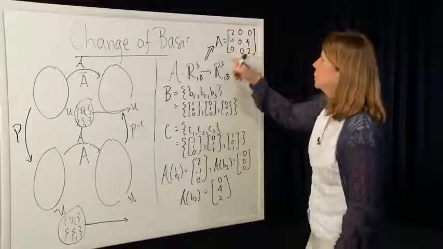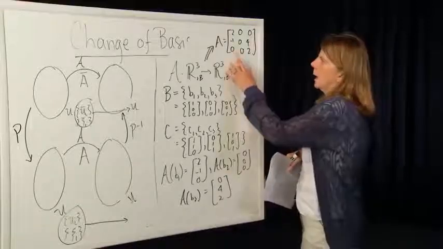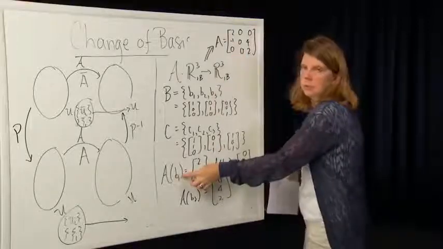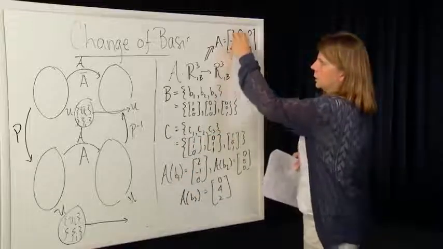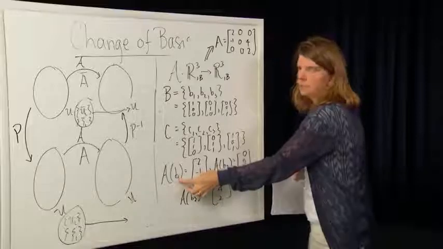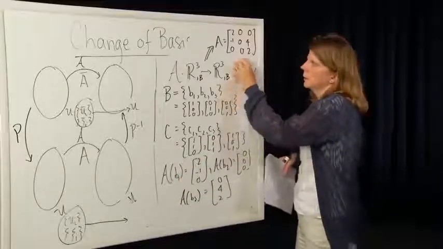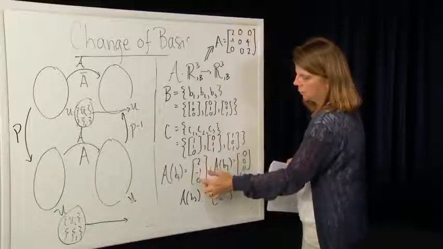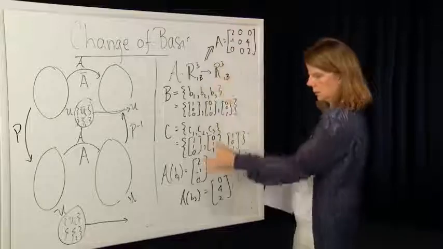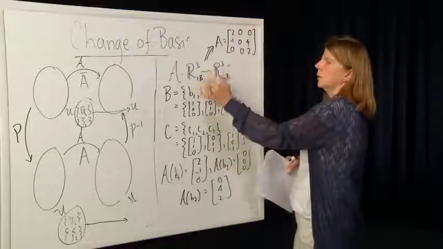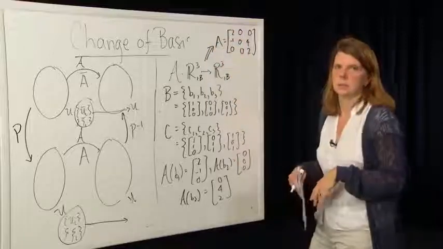And that's because I just use my construction rule for the matrix A, which is that the jth column is A of Bj written with respect to the Bi's. So in this case, 2, -1, 0 written with respect to the standard basis elements is just 2, -1, 0, etc.